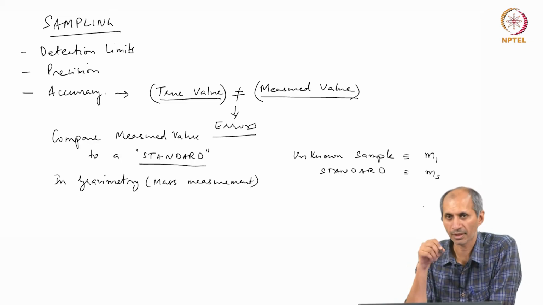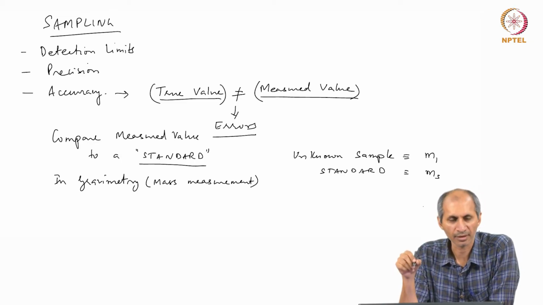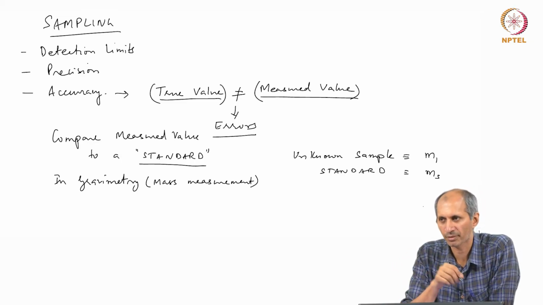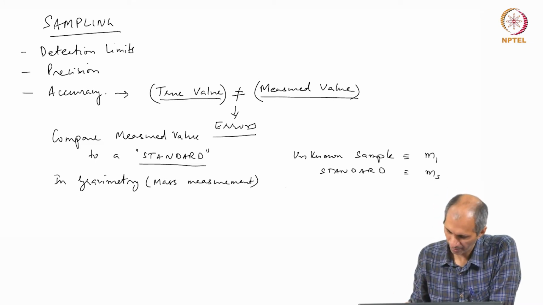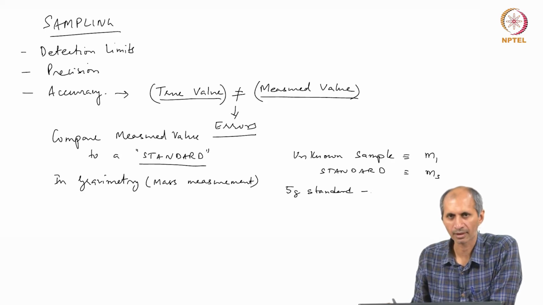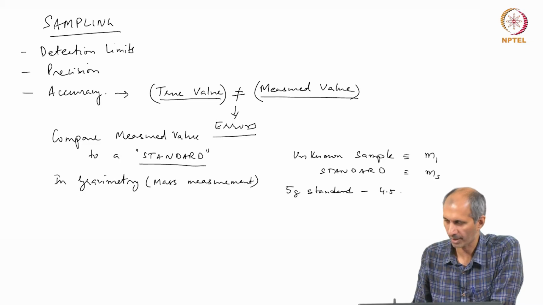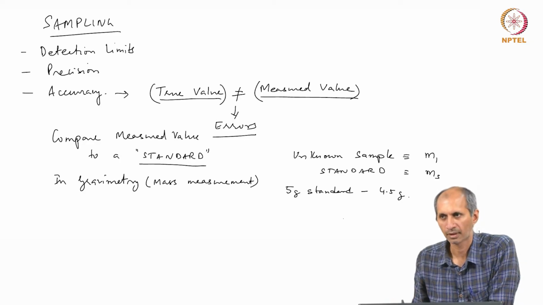So, the assumption here is that the reading shown by the instrument may not be what the standard is, okay. For example, if a 5 gram standard is placed on a balance and the balance shows 4.5 grams, right.